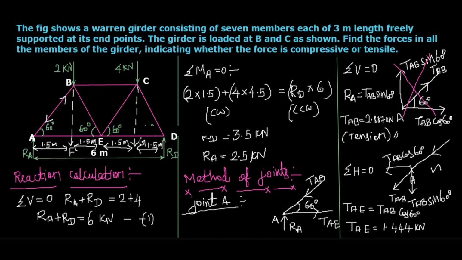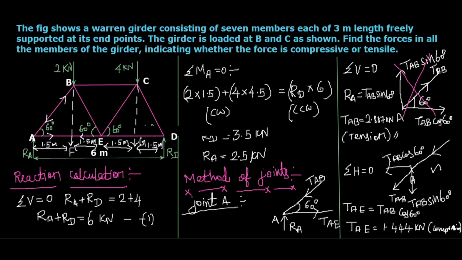Here you can see from the joint A, it is acting away from the joint. So from point E also it is acting away from the joint. Then we can say this AE, the force in the member AE, that is compression in nature.